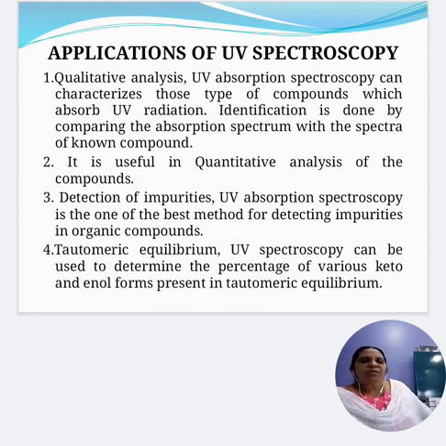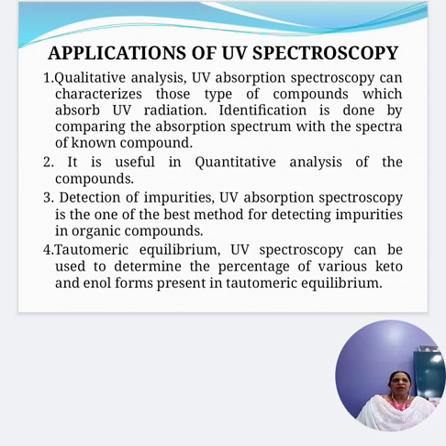If you want to identify a compound which absorbs ultraviolet radiation, you have a standard with which you compare. You have the spectra for known compounds. When you observe the spectra of the tested sample and the standard, you can identify the component present in the sample. In that way, it is used for qualitative analysis.